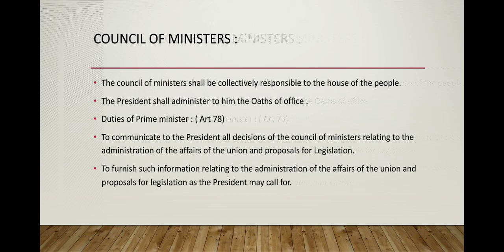The second is to furnish such information relating to the administration of the affairs of the Union and proposals for legislation as the President may call for.